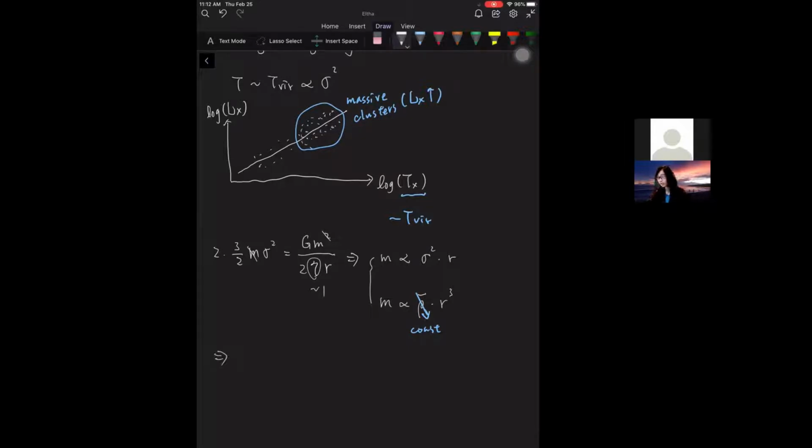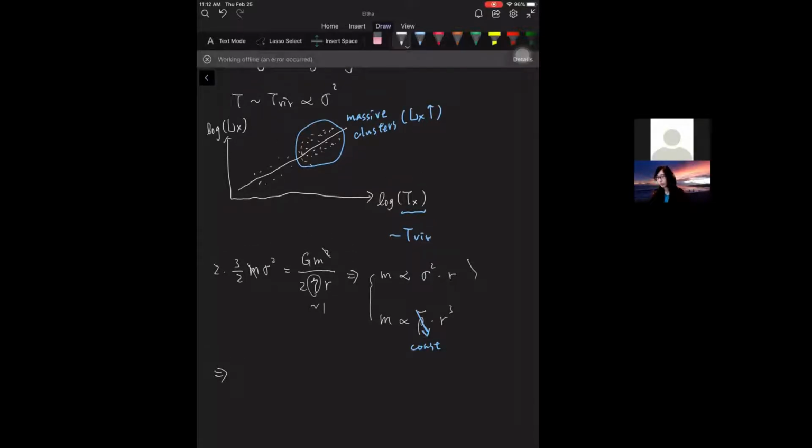Okay, so with these 2 relations, we can cancel out 1 r from these 2 equations. And so we can see that sigma squared is proportional to r squared, right? And that means r is proportional to sigma.